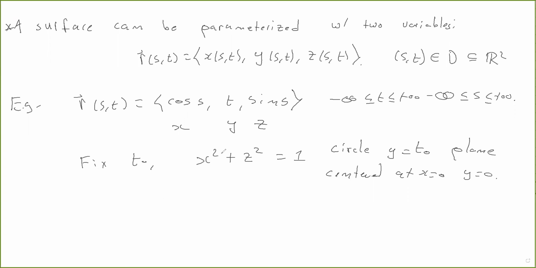But notice that this is true for every t naught. So for every value of t from minus infinity to positive infinity, that is, for every value of y from minus infinity to positive infinity, this shape is just going to be a circle. If we hold t fixed and let s go from 0 to 2 pi, this is going to make a circle.